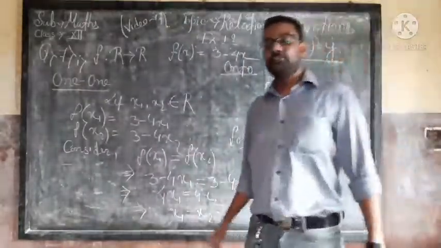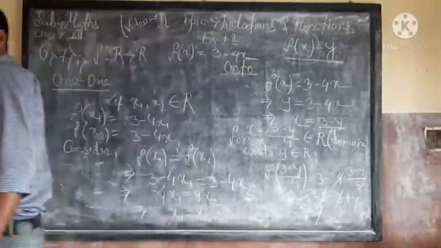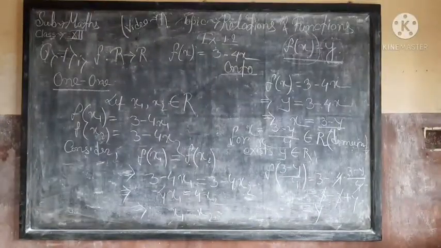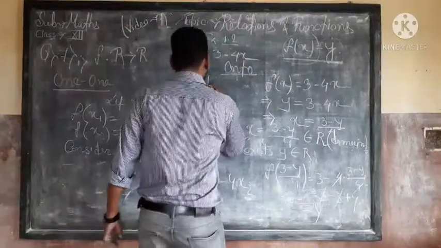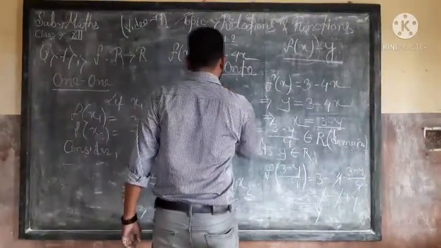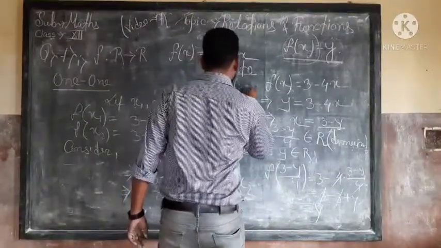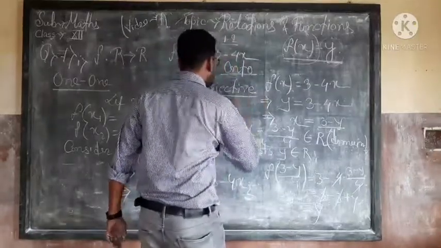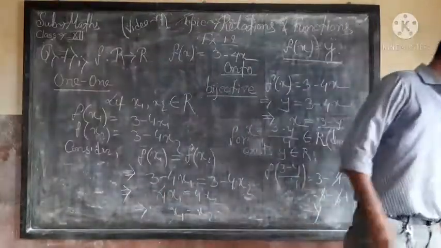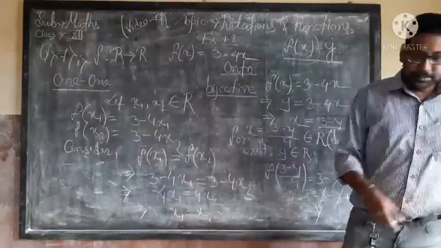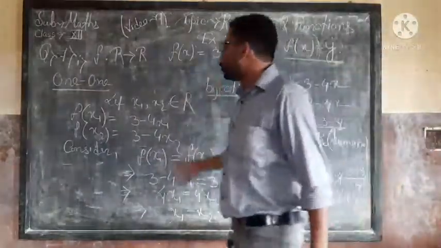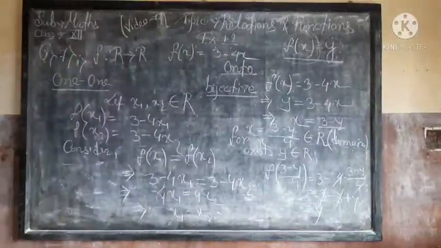Any function that satisfies both one-one and onto criteria is bijective. So this function also fulfills the bijective criteria. This is the approach to solve this type of problem.